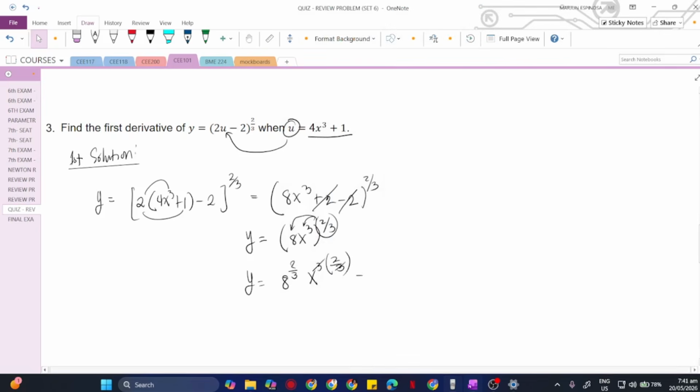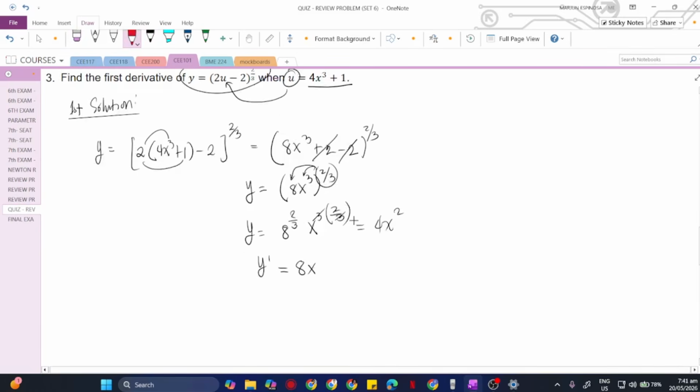So therefore this will be equivalent to 4x squared. From this equation we were able to simplify it to 4x squared, and from there we can take the first derivative already, that is simply equivalent to 8x. So that is our answer for this problem using our first solution.